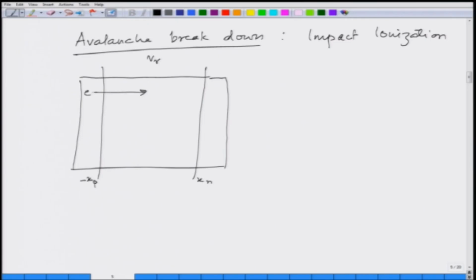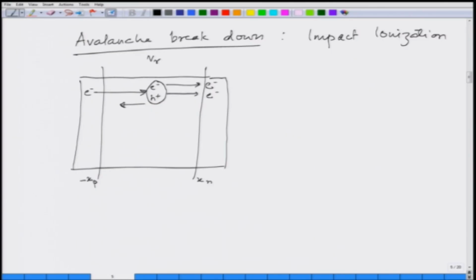Now, this electron going through here can have a scattering event to create an electron and hole pair, because it occurs at a very high voltage and its energy is high enough. It gives some energy away, but its energy is still high enough that it continues on and you collect 2 electrons here, and the hole which is generated here will go back.